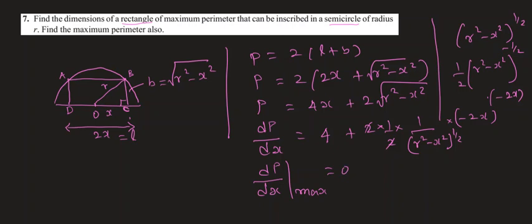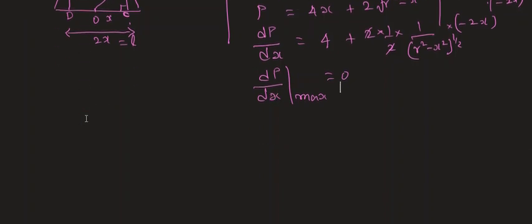For the maxima, dP by dx should be 0. So on the left-hand side we put 0. So 4 plus, it is not plus, this is minus.